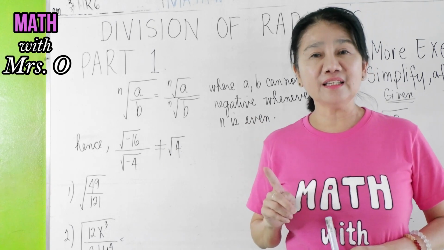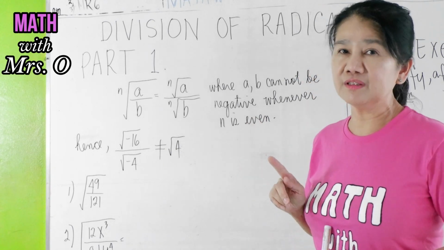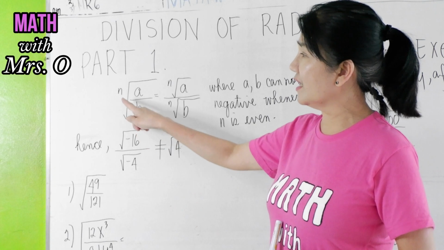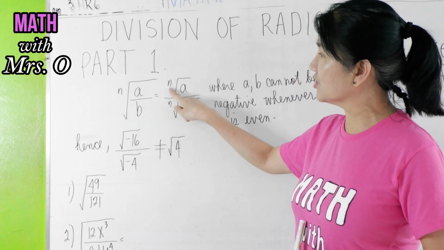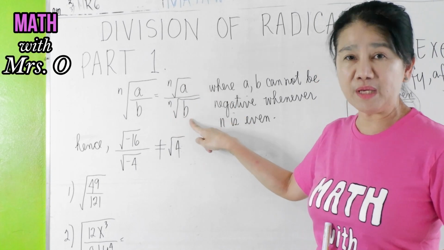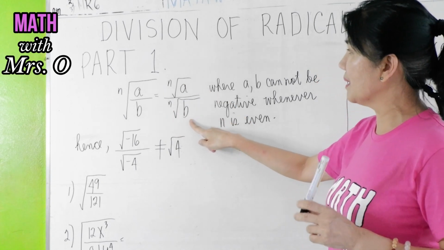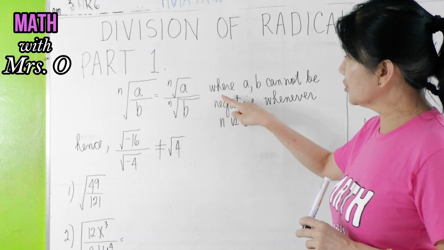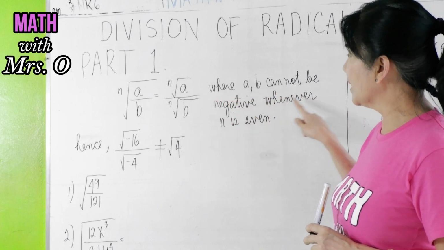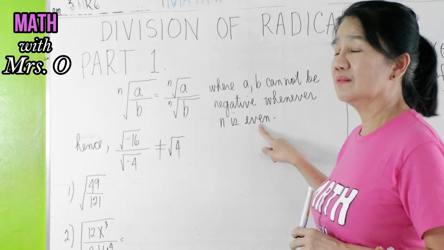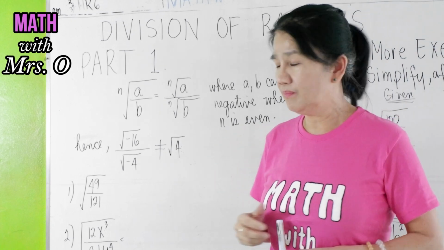When we are dividing radicals, we have to remember this rule, that the nth root of A over B is equal to the nth root of A over the nth root of B. But you have to remember that this is true where A and B cannot be negative whenever n is even. Why is that so?